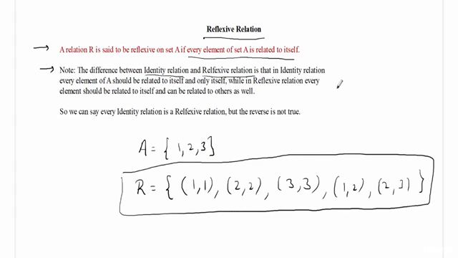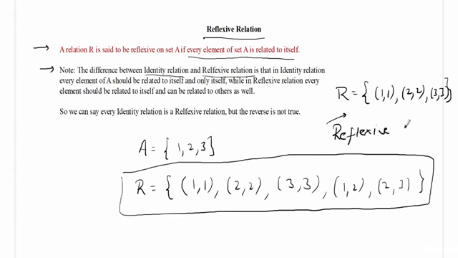For an example, if I give a relation R which has (1,1), (2,2) and (3,3), all these 3 ordered pairs, then this is reflexive as well as identity relation.